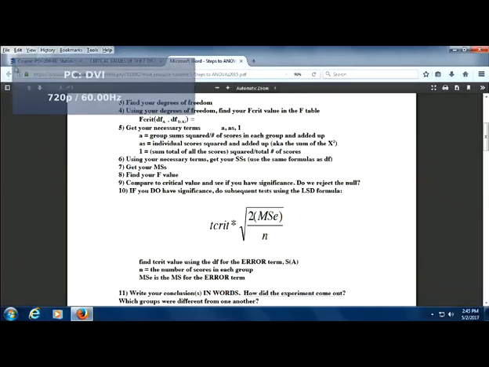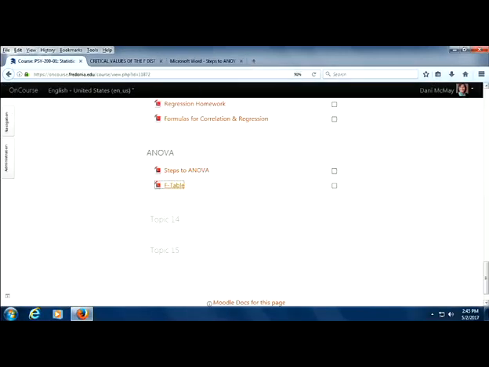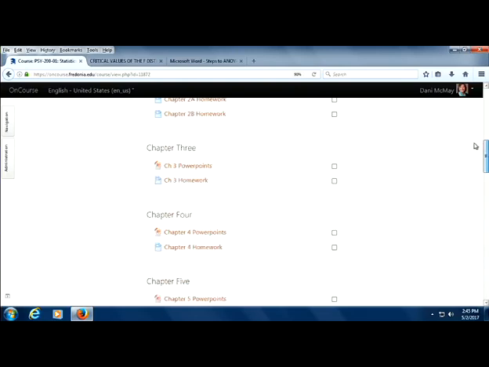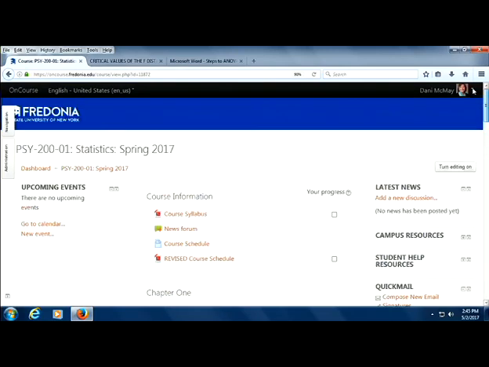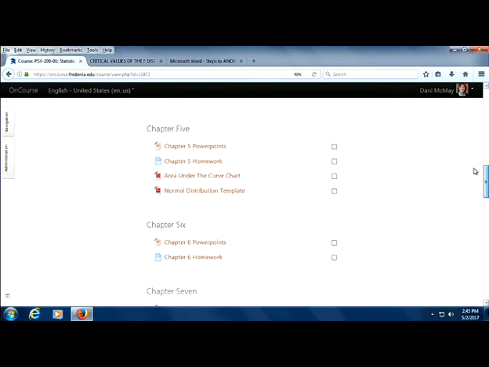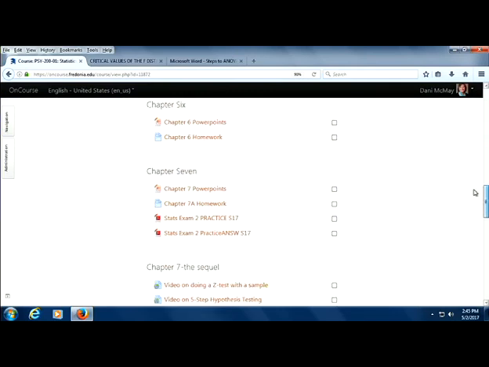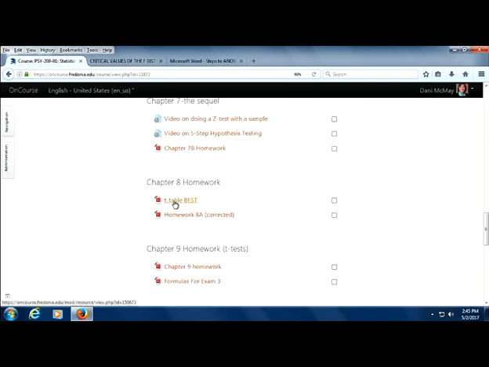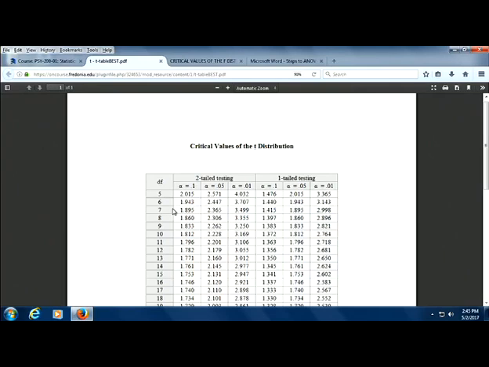All right. Now, you do this to the same degree of significance as you did the original F test. So, the original F test we said was at alpha equals 0.05.